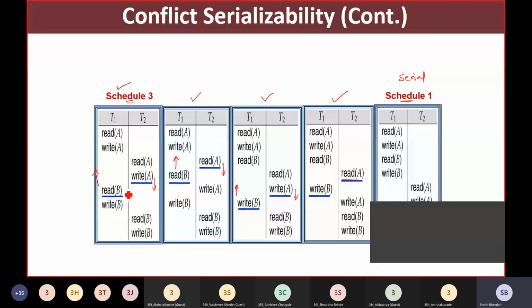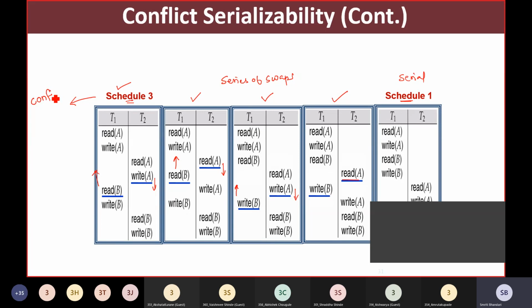So what we have done: we have this schedule 3, we have found the consecutive instructions that are not conflicting with one another, and if they are not conflicting, we simply swap the order of these instructions. If we have such a series of swaps and come up with a schedule which is a serial schedule, then what can we say here?